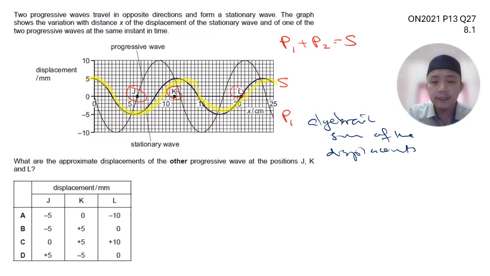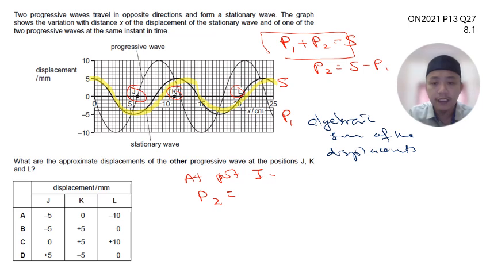Let's use this as the formula: P2 is equivalent to S minus P1. So any displacement of the stationary wave, we just subtract the displacement of P1. For example, at point J, we want to find out what is P2.